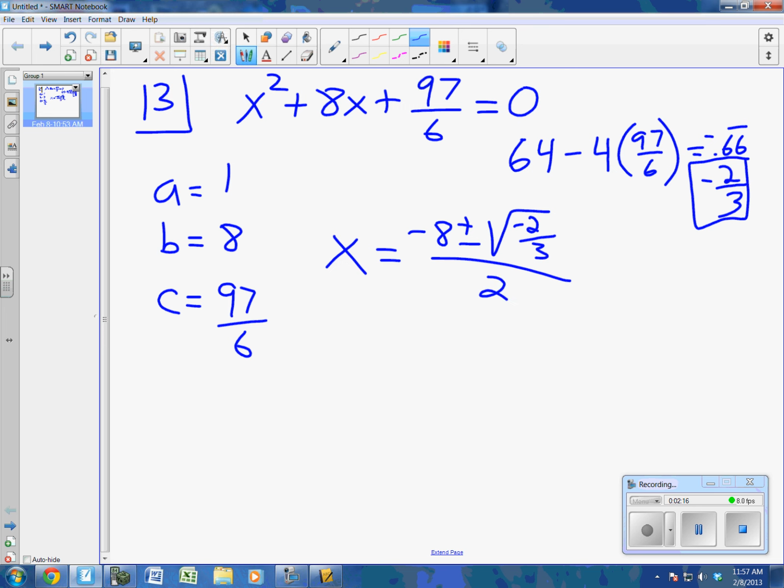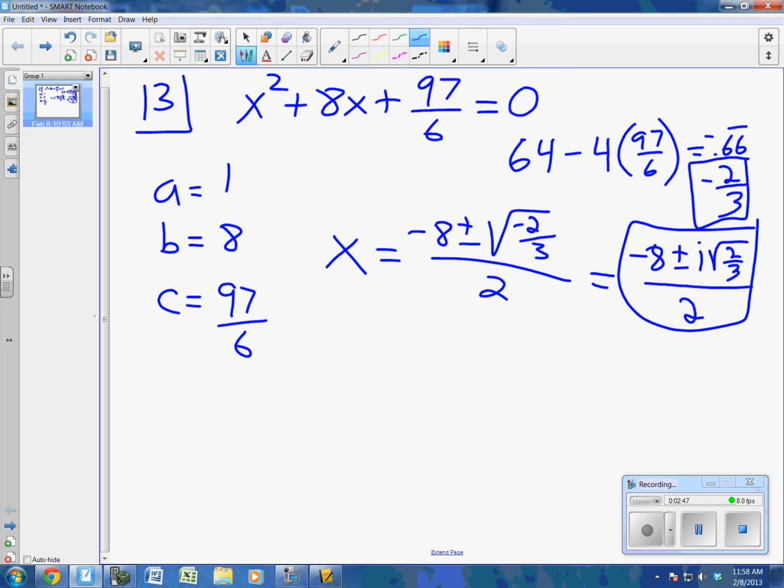Now, we could spend some time rationalizing the denominator because 3 is under the square root and is part of the denominator. But I don't want to spend time doing that right now. That's not what we're trying to learn in this lesson. So we are going to just write this as negative 8 plus or minus what? I. Yeah, anytime you're taking the square root of a negative number, you're going to have an I. All divided by 2. And that would suffice as the answer.